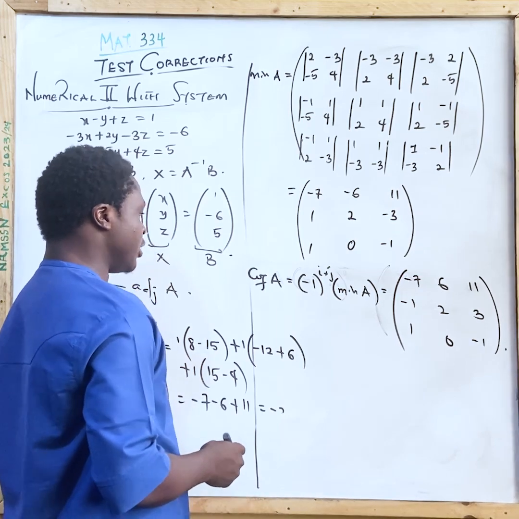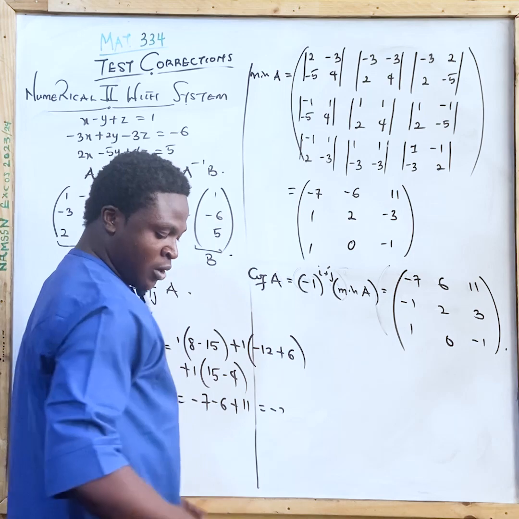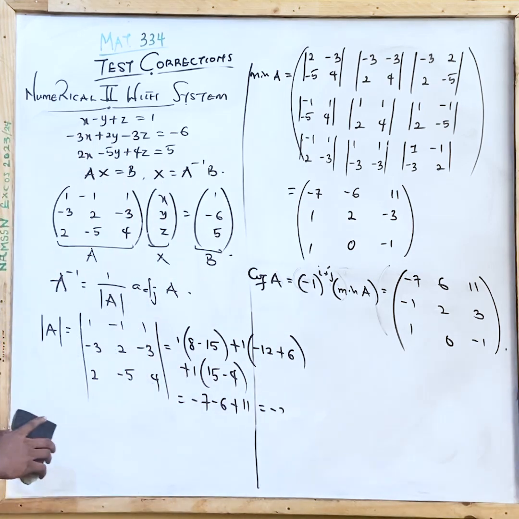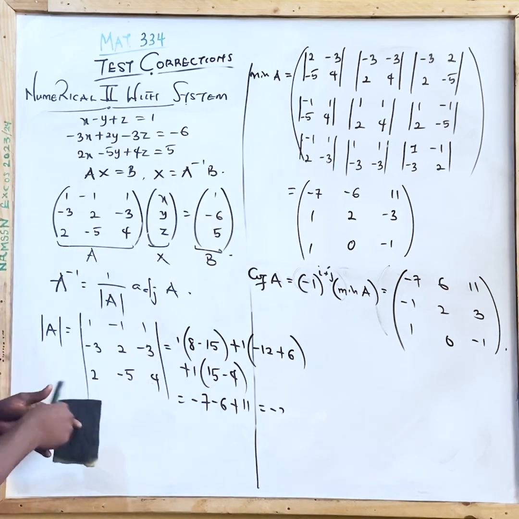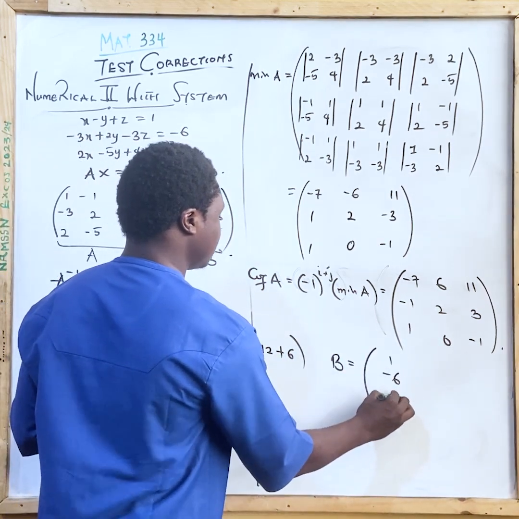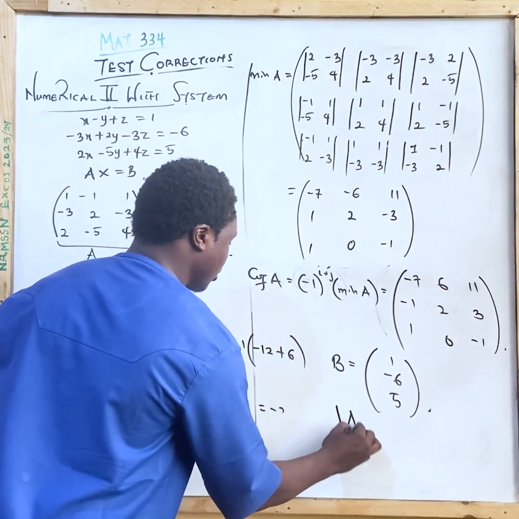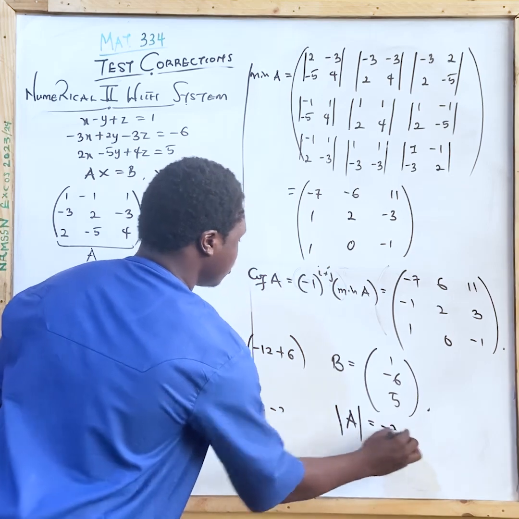So then our adjoint can be the transpose of the cofactor. Don't forget, our matrix B is 1 minus 6 5, so we hold that one. Of course, our determinant of A is minus 2.